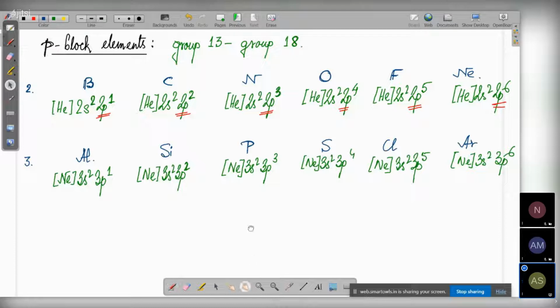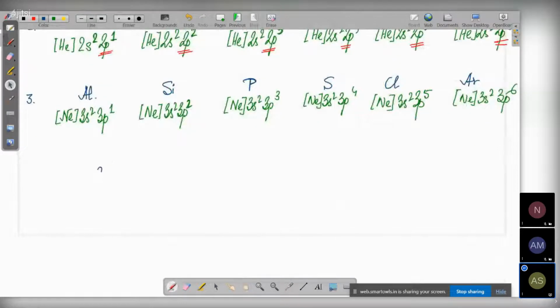The general configuration is going to be: in the s orbital, always two electrons are present: 3s2, 3s2, 3s2. That is why ns2.